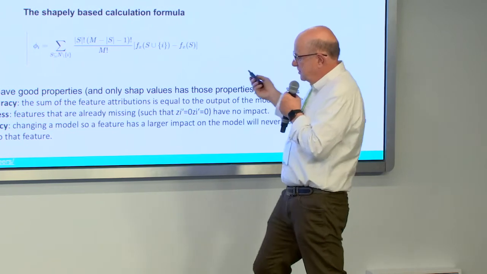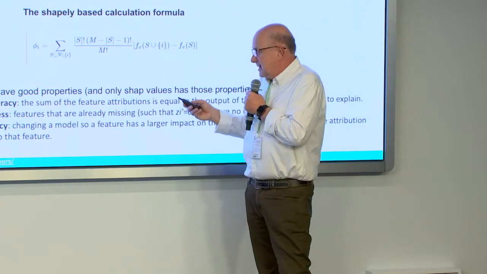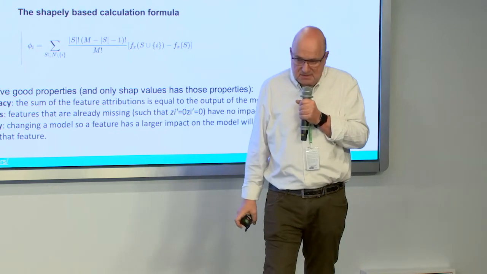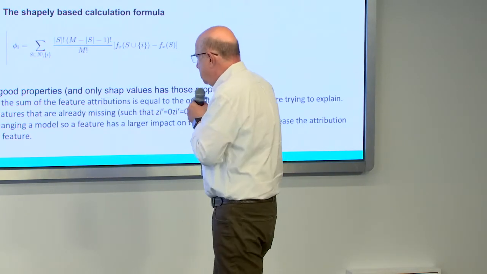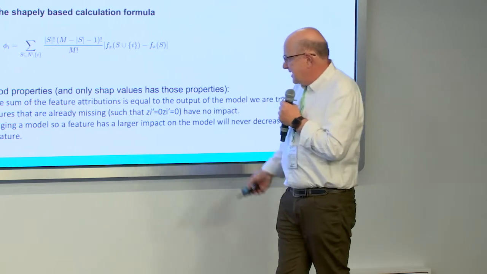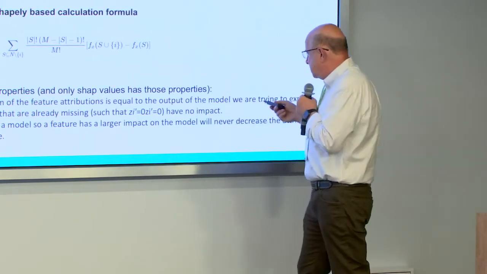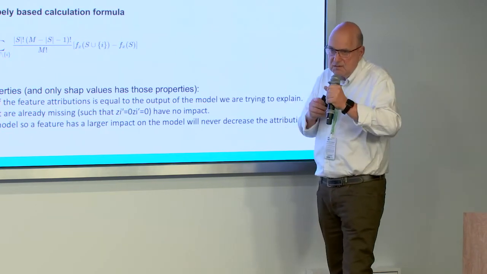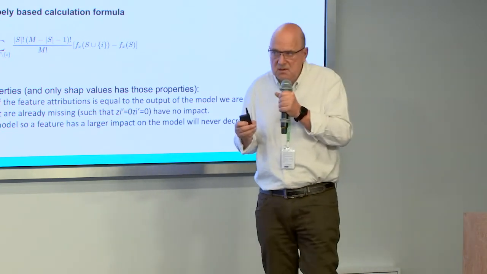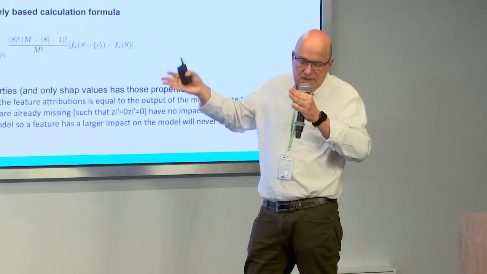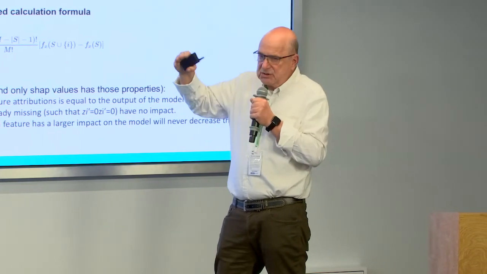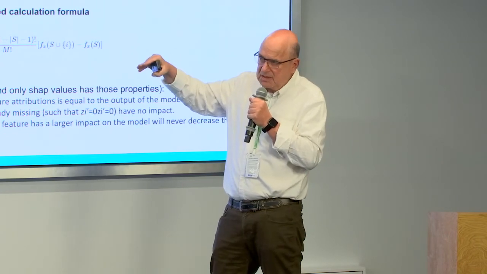What Lundberg showed is that that method has three good properties. First, local accuracy. The sum of the feature attributions is equal to the output of the model we are trying to explain. So doesn't matter which way we go. We have 3,000 vectors x. For each one of them, we do simulation around the vector x.